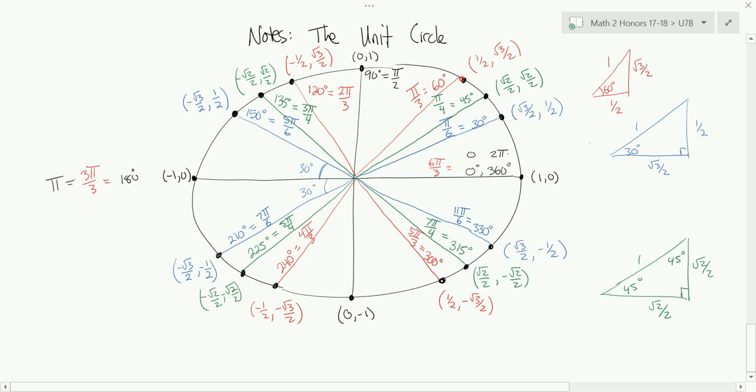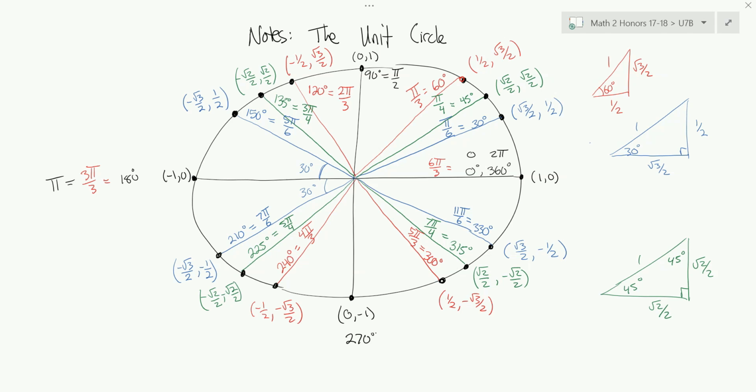One more spot. At the point 0, negative 1. So first let's do angles. What angle is there? How do you know that's 270? 90 plus what? 180, sure. So if you start from 180 and add 90, you get 270.